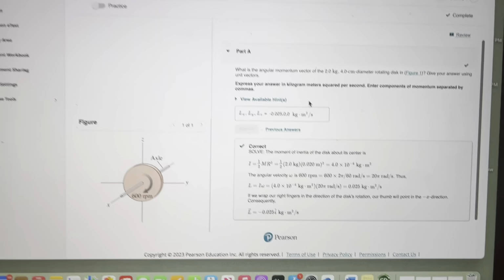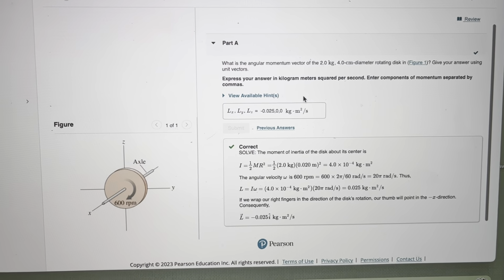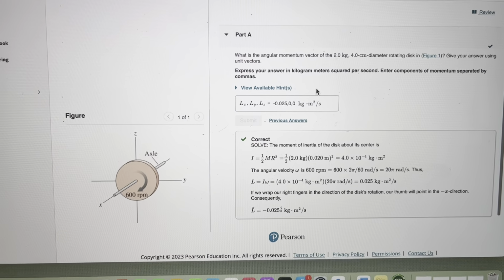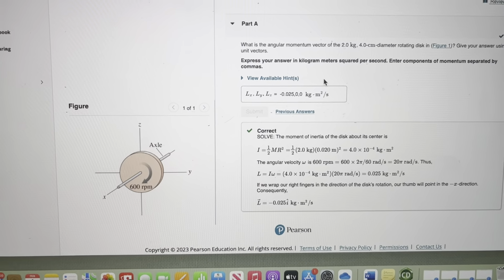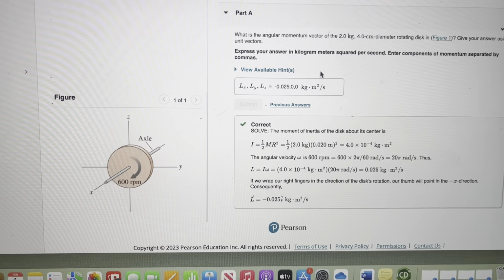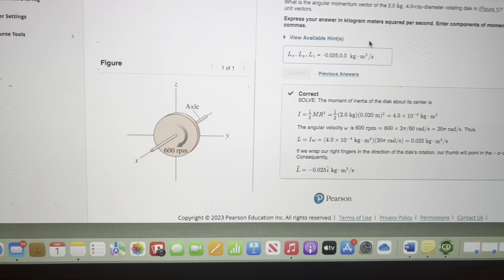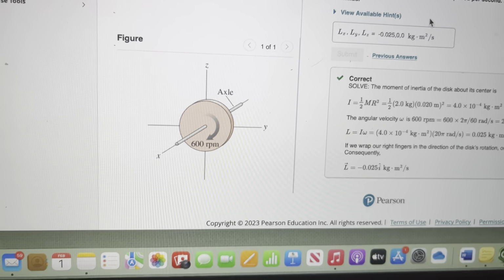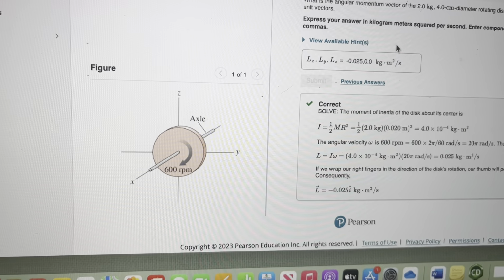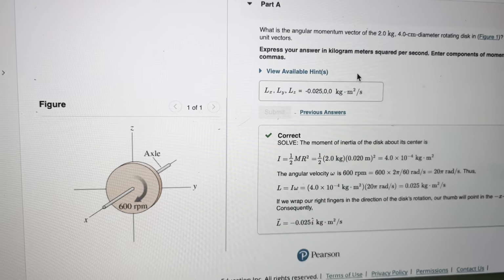And then we are asked to do the unit vectors. So the main piece of information we need to get is which direction the vector is going to be pointing. And we can get this from the graph. We see that the disk is rotating clockwise around the x-axis.